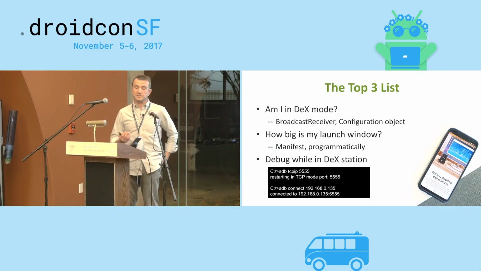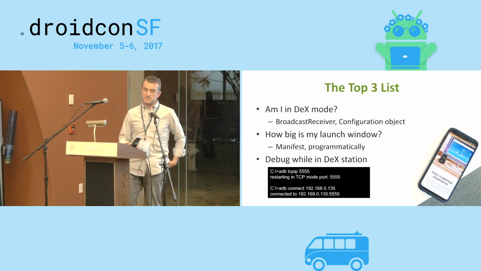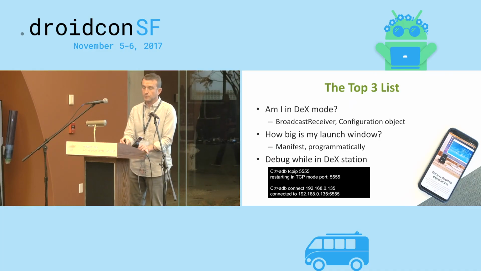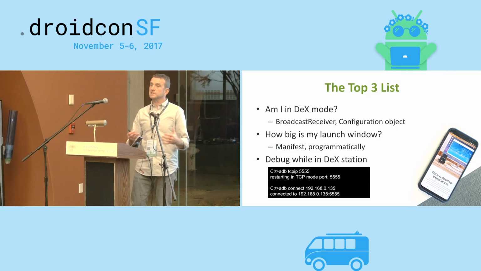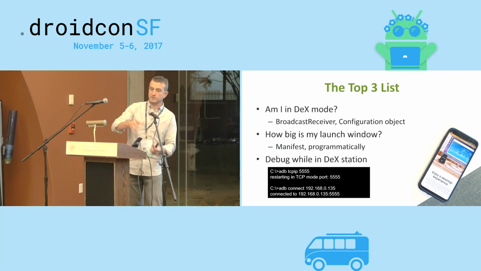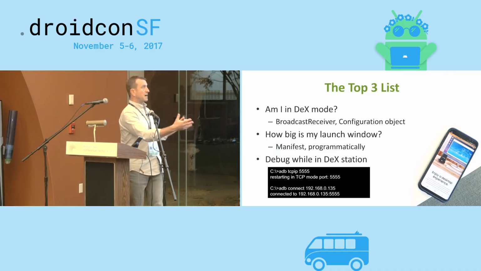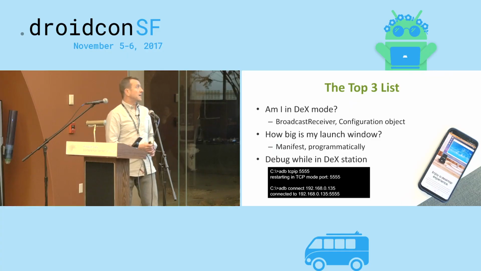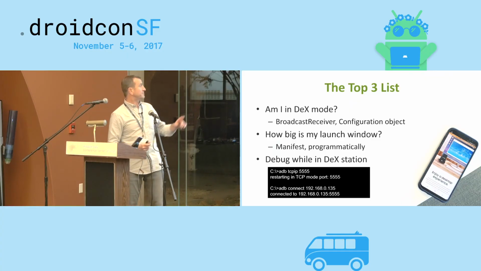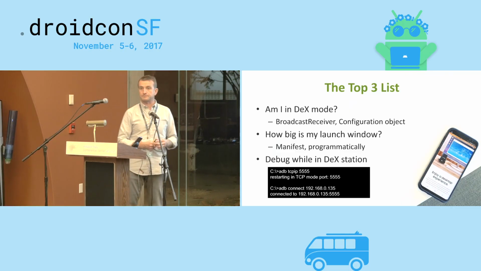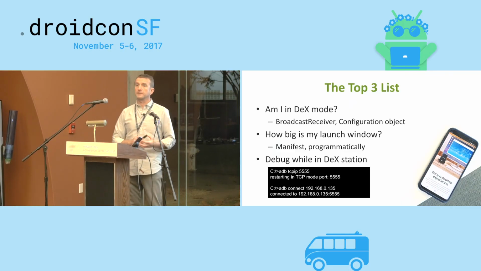Another question that comes up all the time: this is the DeX station, and as you can see, it's not plugged into your notebook. But if I want to debug, if I want to deploy my code from the notebook to this phone, do I have to unplug it, deploy the app, then plug it in to see how the app works in a desktop mode? It would be the case if ADB didn't support deployment over Wi-Fi or Ethernet.